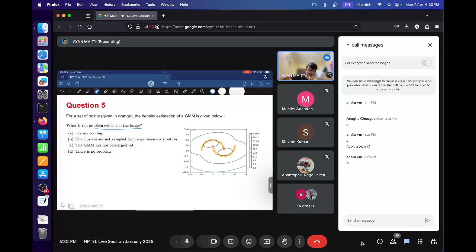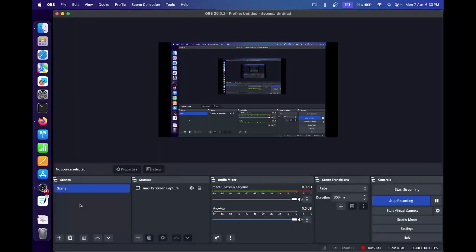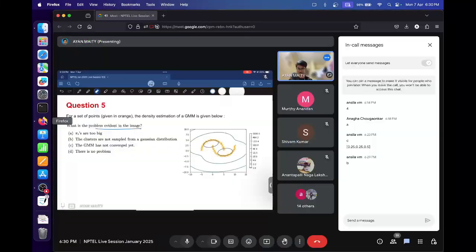Ancilla VM says option B, which is the clusters are not sampled from a Gaussian distribution. Okay. Anyone else?